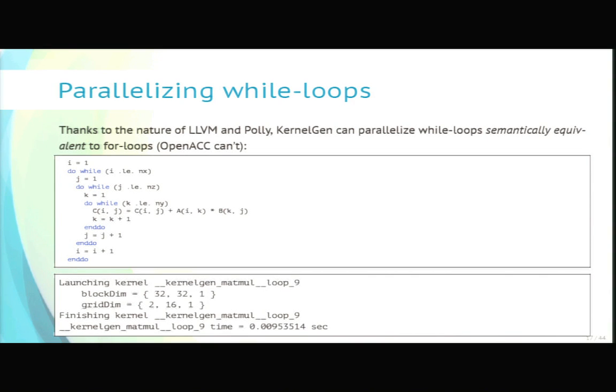So why can we parallelize while loops? The reason for that is that the internal engine behind KernelGen is LLVM. In case you have heard of it, it's now a very popular compiler infrastructure, and its internal representation is kind of close to assembly language.